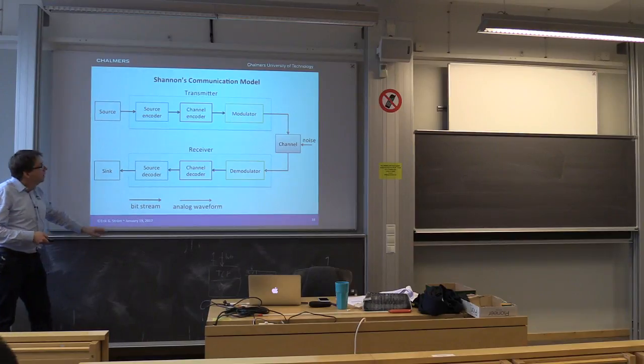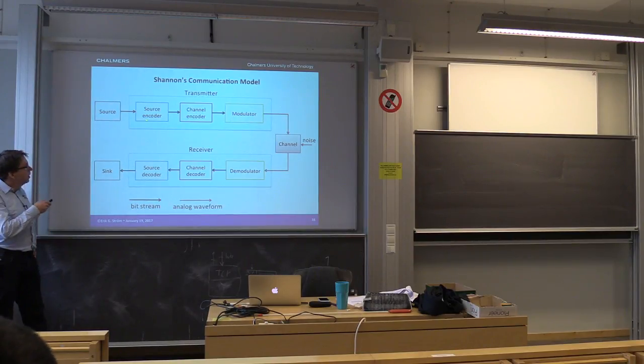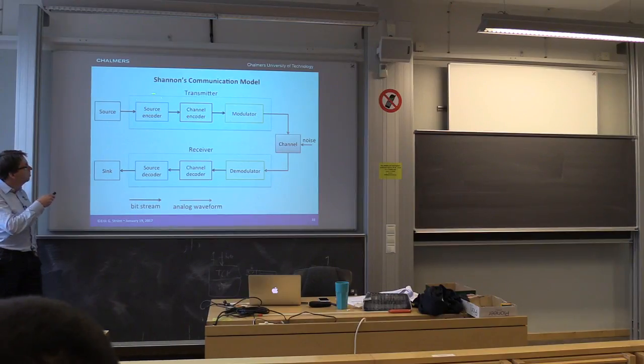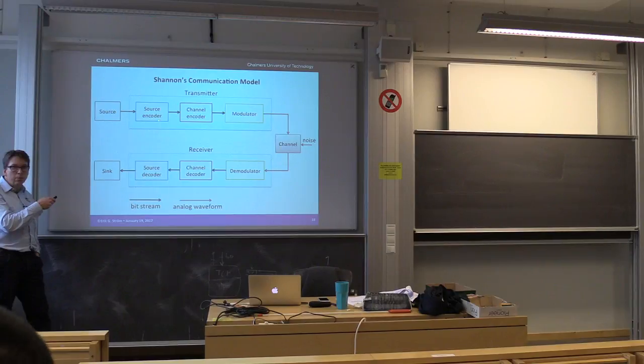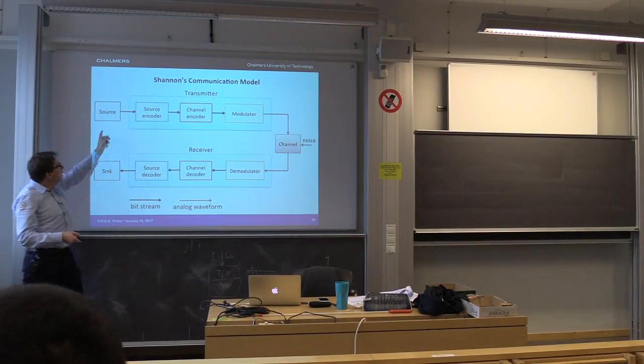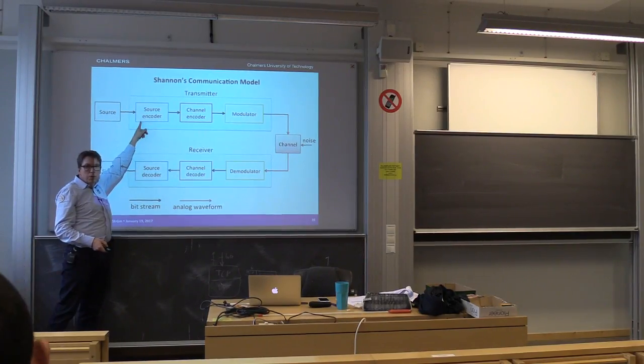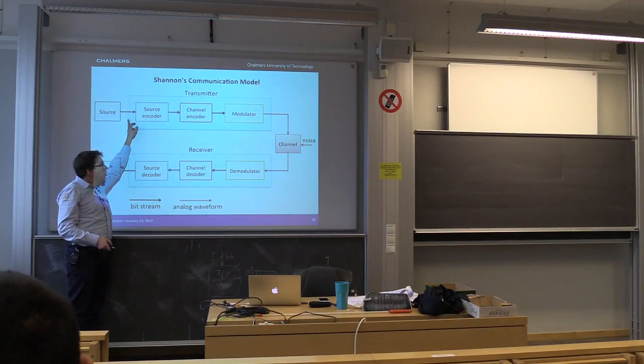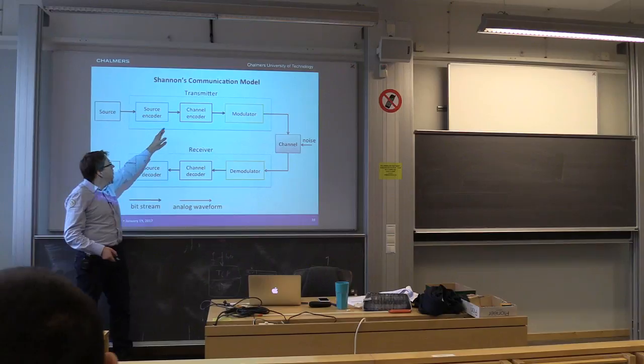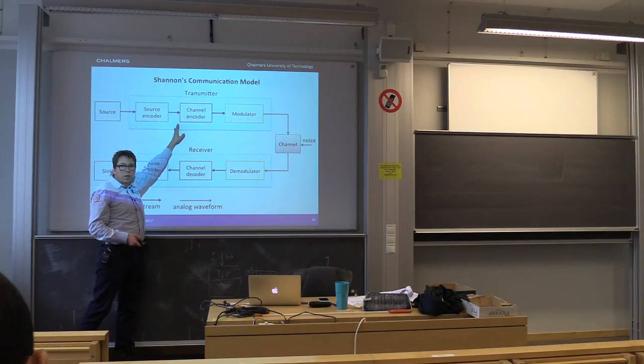And then what he said is that we have these 3 boxes, and the purpose of them is the following. The first one is called the source encoder, and what it does is data compression. So here there's a number of bits coming in per second, say a megabit per second, for instance. And the source encoder can compress that down to a lower rate, typically, so maybe 100 kilobits per second.